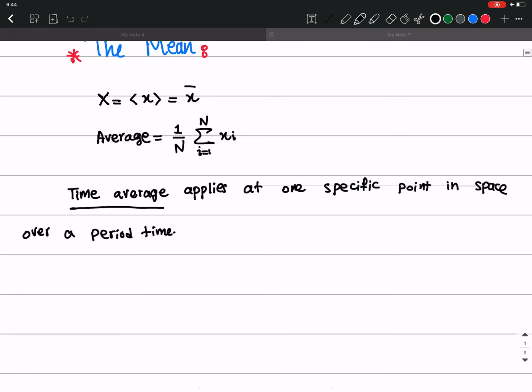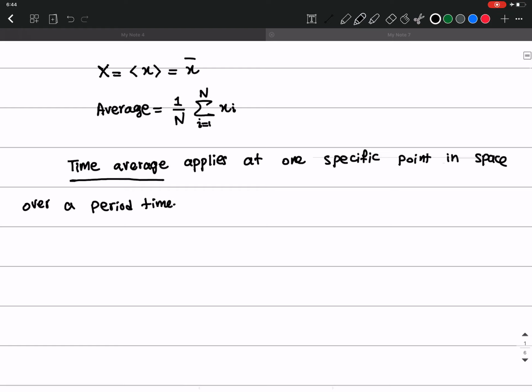So here, say we have two types of flows. So first we have a pipe flow. So this is a pipe flow. The first one, I have a laminar steady flow.